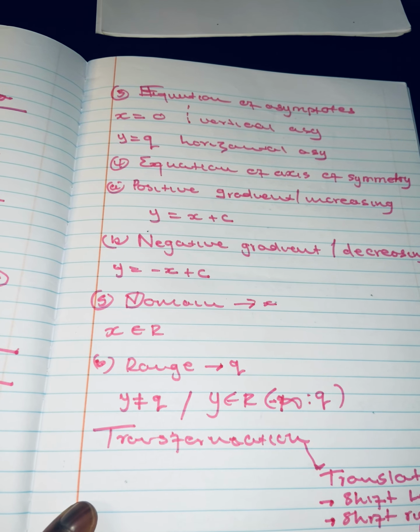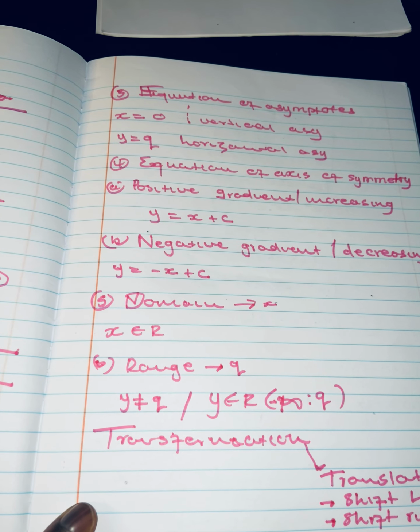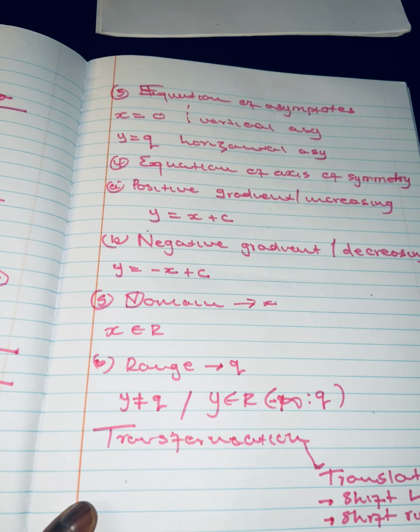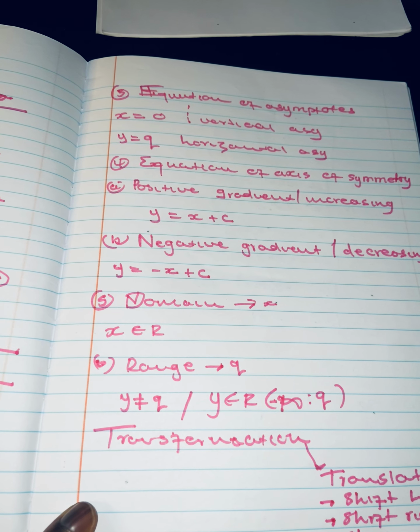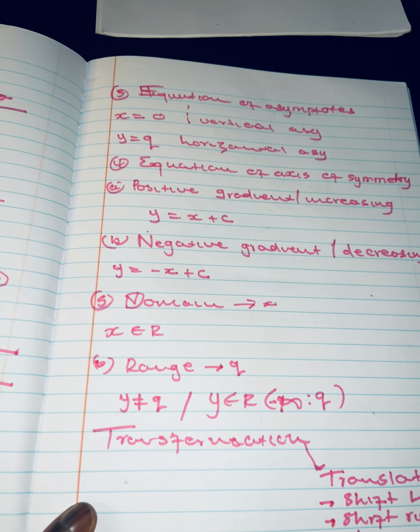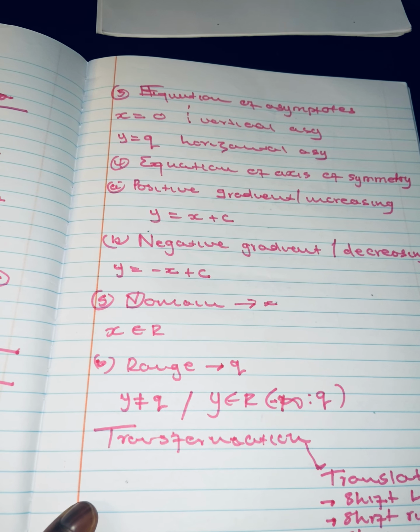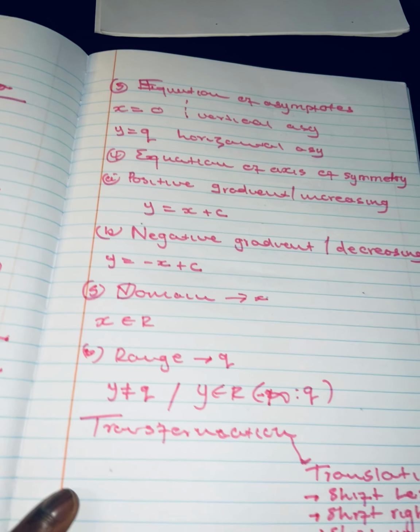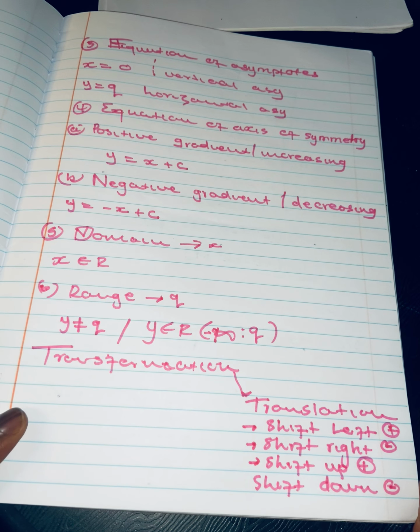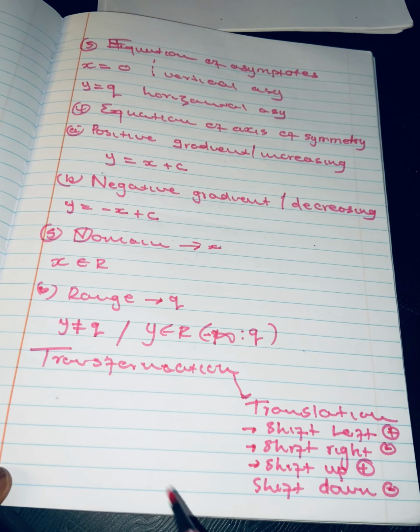The moment they shift right, that will be a minus. Then shift up means it's positive, but shifting down, it's minus. So this is what we have to know, guys. I hope you can see all this information.